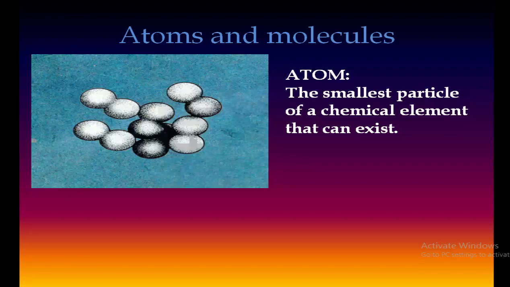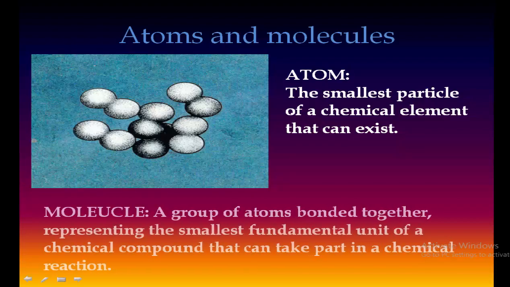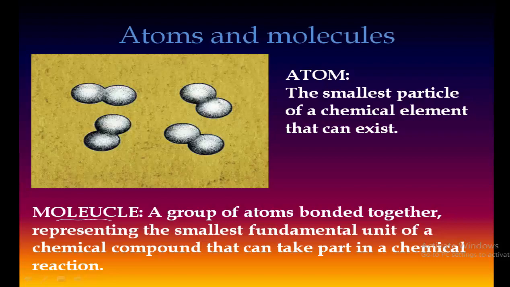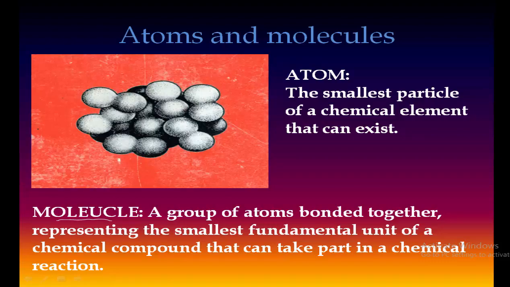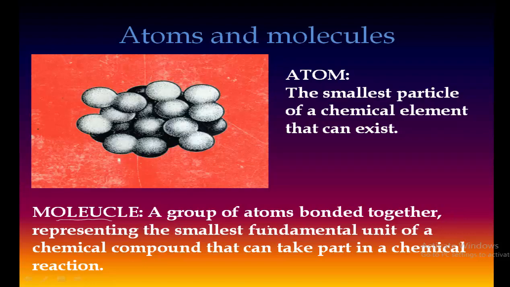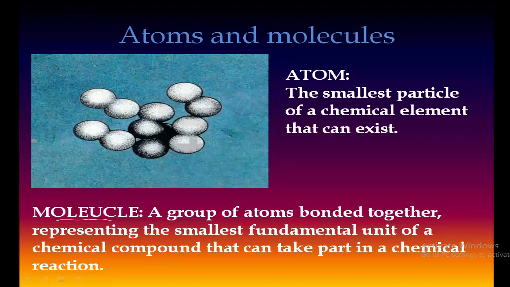And if we take a group of these atoms, then it will form a molecule. A molecule is a group of atoms bonded together, representing the smallest fundamental unit of a chemical compound that can take part in a chemical reaction.